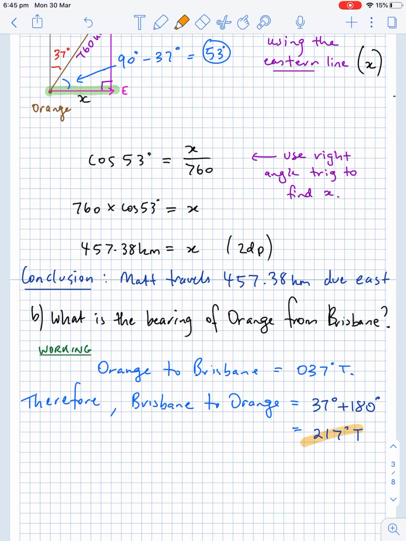But we want to know the bearing going the other way. So what we think to ourselves, because they are opposite directions, they are separated by 180 degrees. So if one's 37, we can add on 180 and we get the bearing of the other direction. So the bearing of Brisbane to Orange is going to end up being 217.